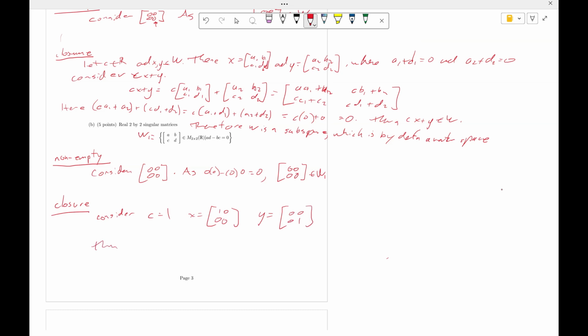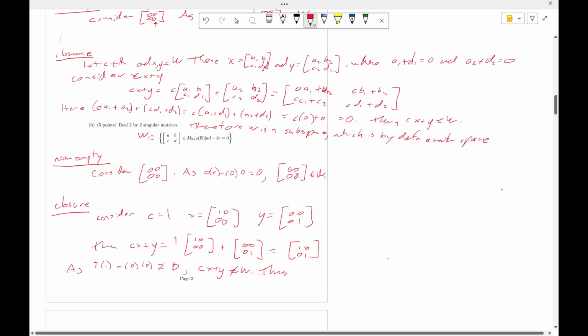Then CX plus Y equals 1, 0, 0, 0 plus 0, 0, 0, 1, which equals 1, 0, 0, 1, as 1 times 1 minus 0 times 0 does not equal 0. CX plus Y is not in W1. Thus, W1 is not a subspace.